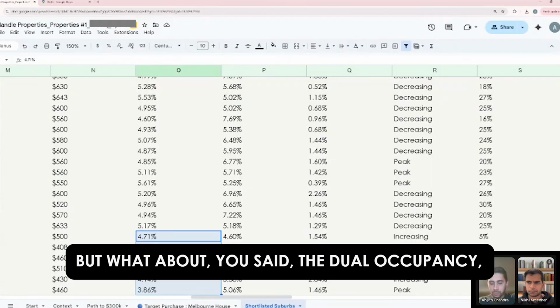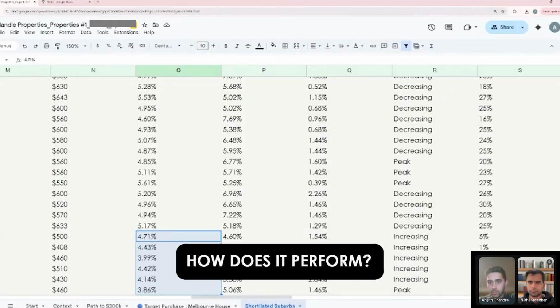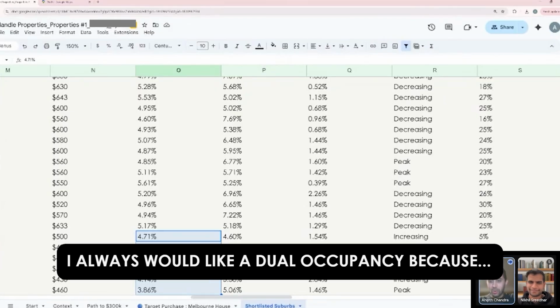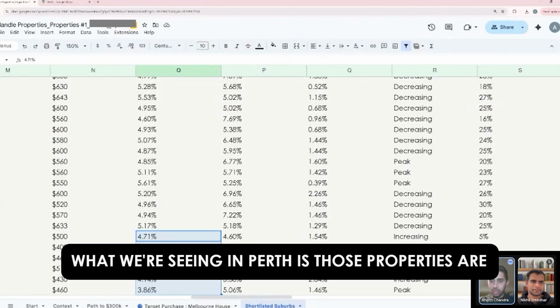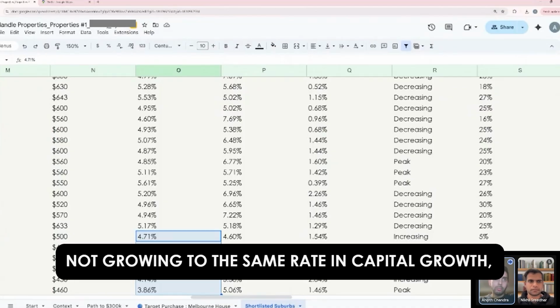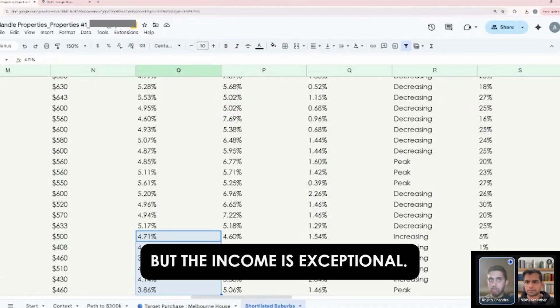But what about the dual occupancy you mentioned? How does it perform? I always like dual occupancy because more rent. What we're seeing in Perth is those properties are not growing at the same rate in capital growth, but the income is exceptional.